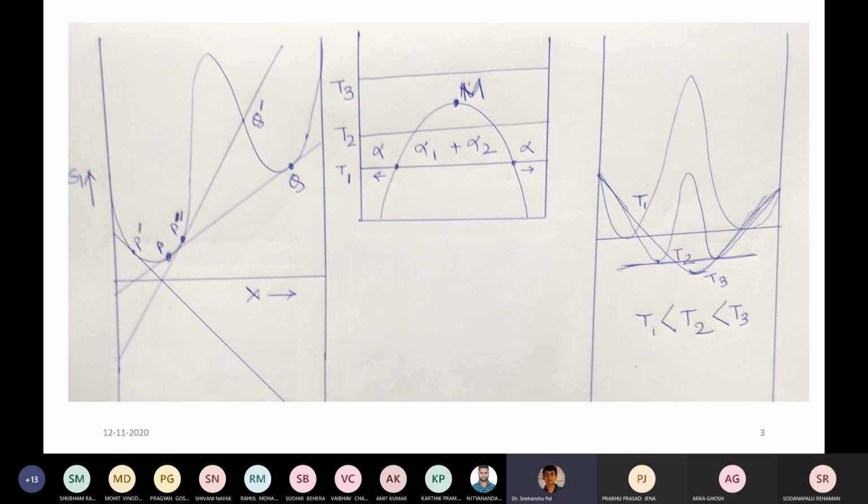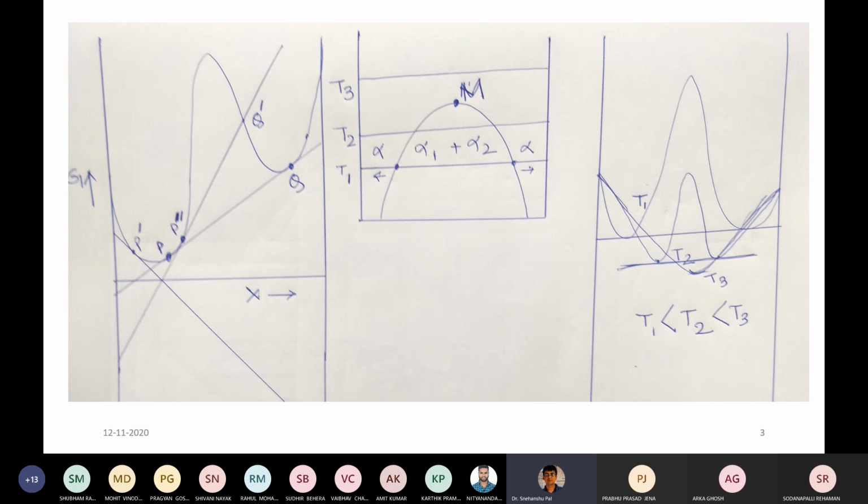If you look at the other phase diagram, the horizontal parallel diagram I just drew on the right side of this slide, there you can see that as T1 goes to T2, meaning temperature is increasing, the region of phase separation shrinks. If you draw the common tangent, you can understand that the width of the phase separation region, or miscibility gap region, is reduced.